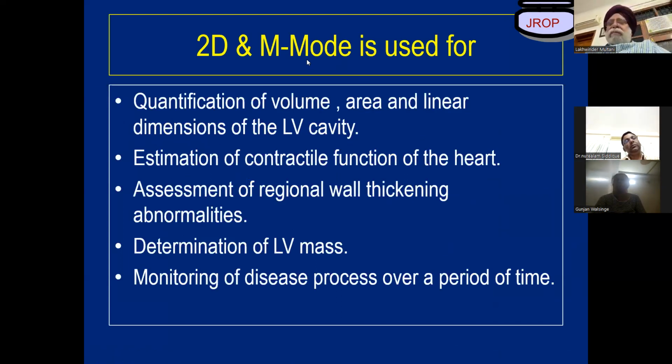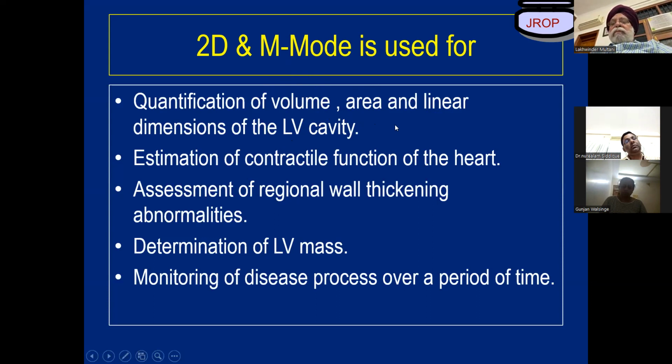This is used for quantification of volumes, area, and linear dimensions of the LV cavities. What do you mean by volumes? If you look for diastolic function abnormalities, we have to look at LV volumes. If you have to look for ejection fraction, then we have to look at LV function in the form of LV volumes.